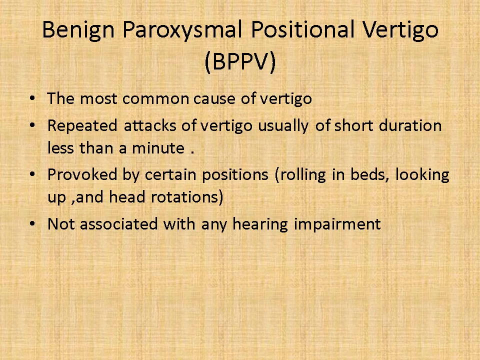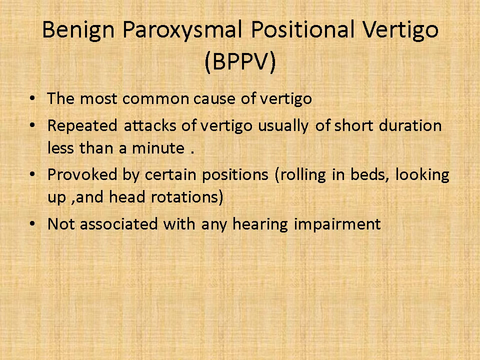Benign paroxysmal positional vertigo, or BPPV, is the most common cause of peripheral vertigo. Benign because it can resolve spontaneously. Paroxysmal because it comes in sudden attacks. And positional because it comes with changing the position.